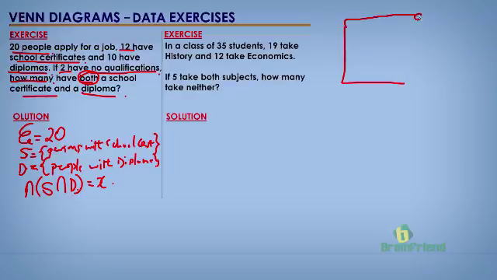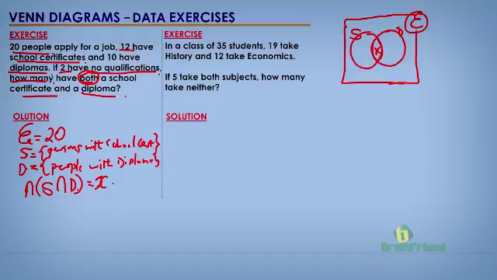So again, we'll draw a rectangle to represent our universal set. We'll draw our member sets within our Venn diagram. We have our set S and our set D. From the information we have, an intersection which is our unknown, X. So we write X in this region of the intersection of our circles.